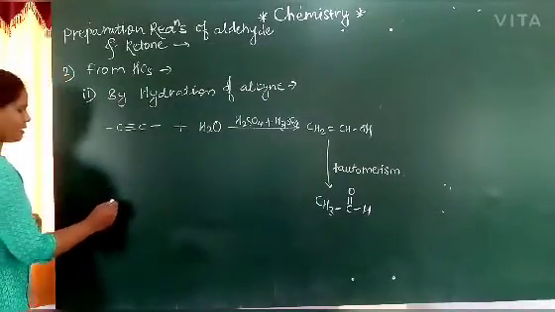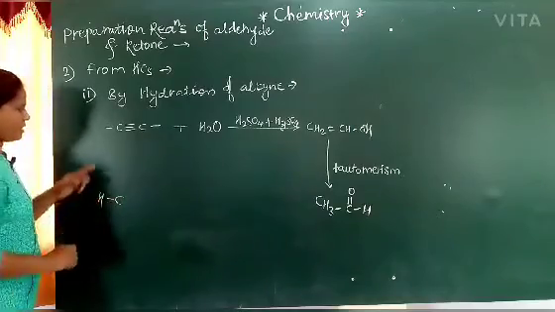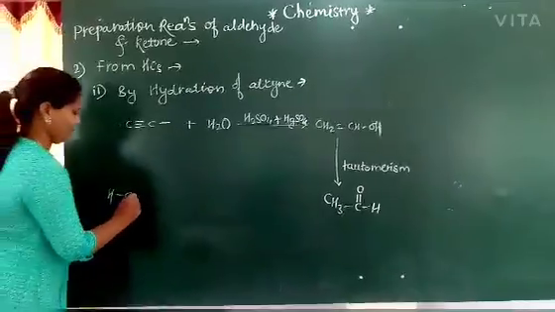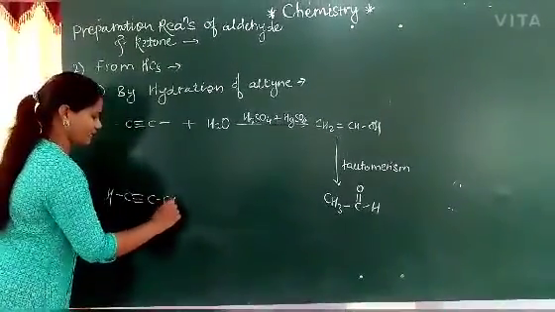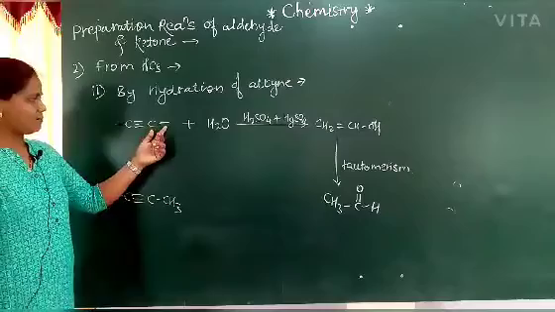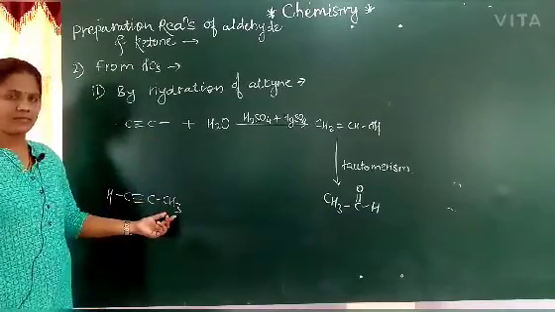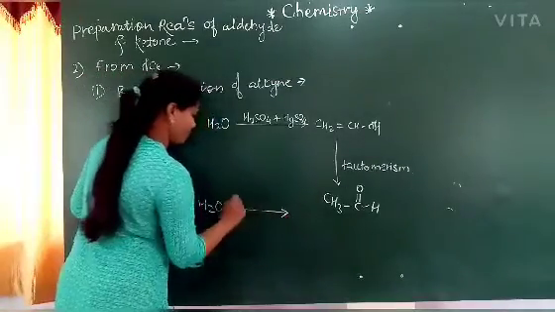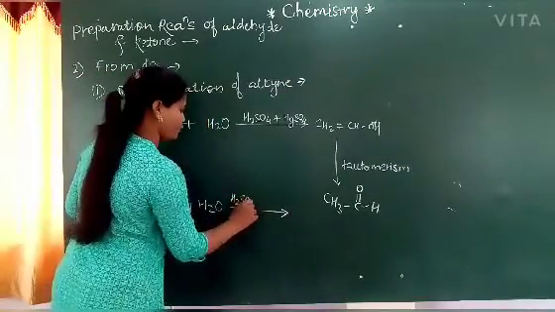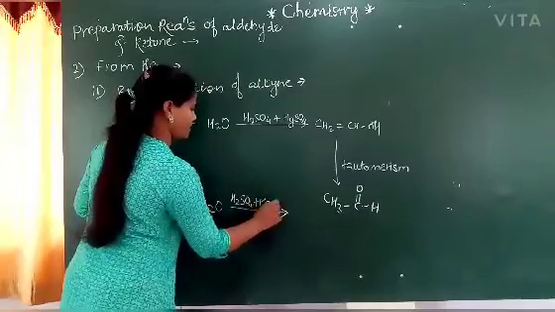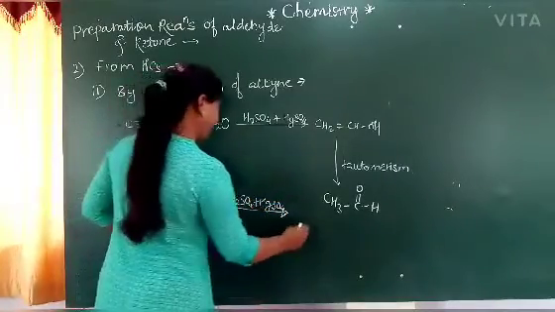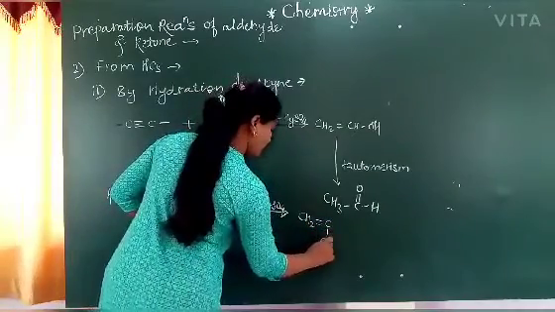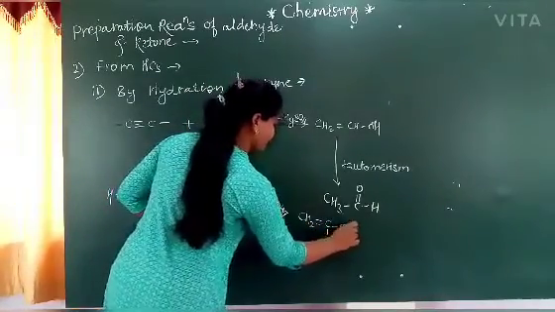Let us see one example of this. Suppose one valency of the carbon atom I have satisfied with the hydrogen, triple bond C CH3, okay, and the remaining second valency I have taken here methyl group, plus H2O in presence of the same reagent, then it forms CH2 double bond CH3OH, okay.